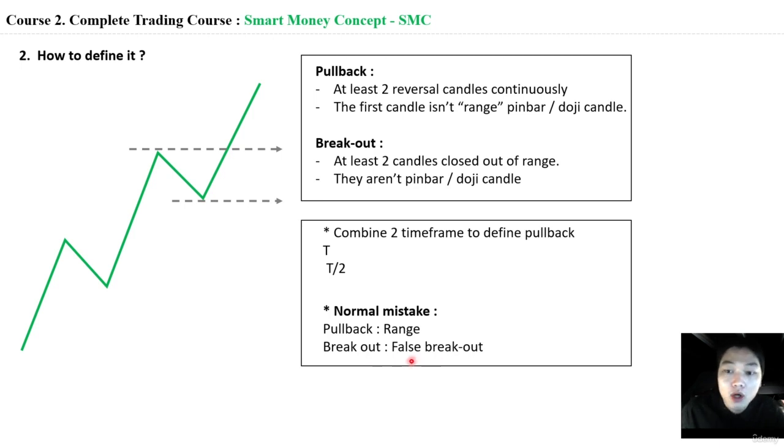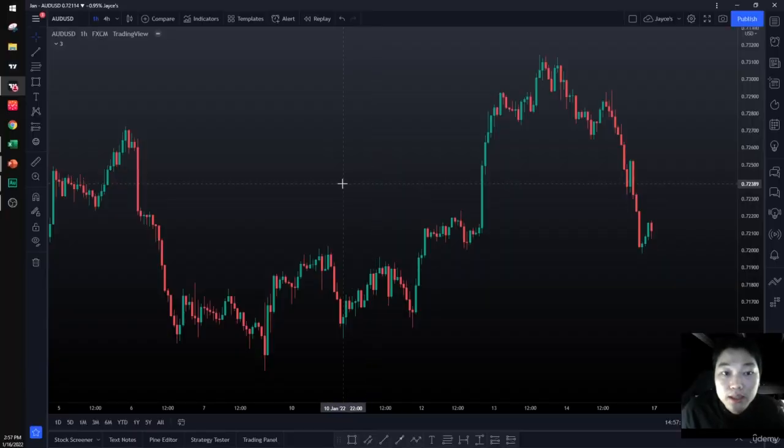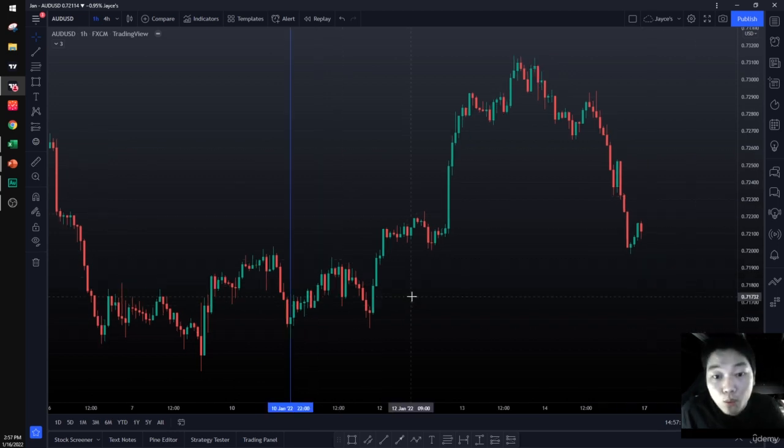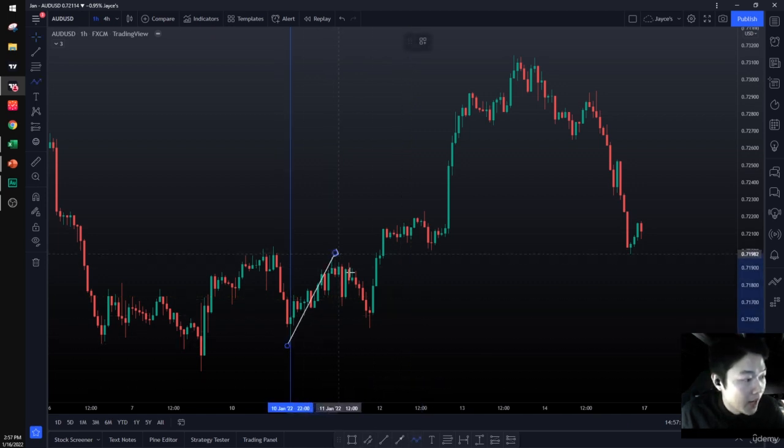And so let's jump on to the example, I will guide you exactly. Here is the AUD USD on the 1 hour time frame. Let's analyze the market structure from the display to the current price. From the display, what we can see is that the original structure might be higher high and higher low like this.